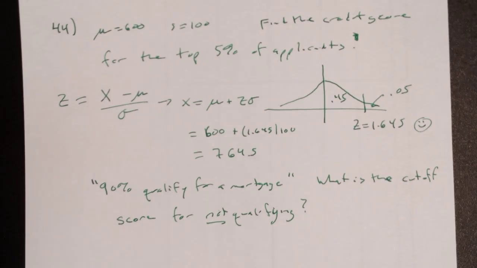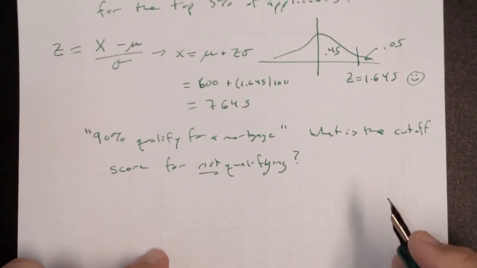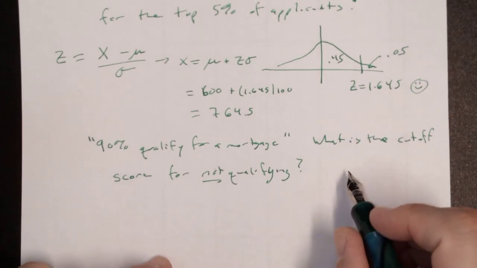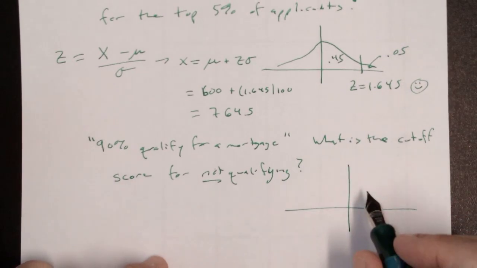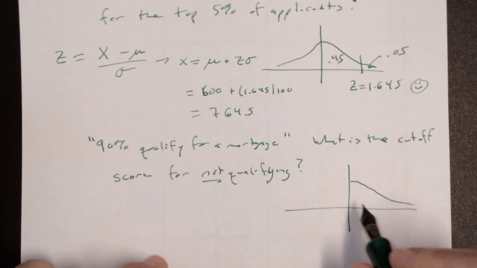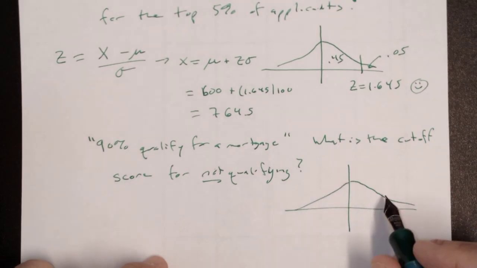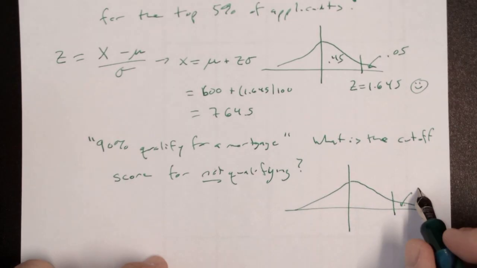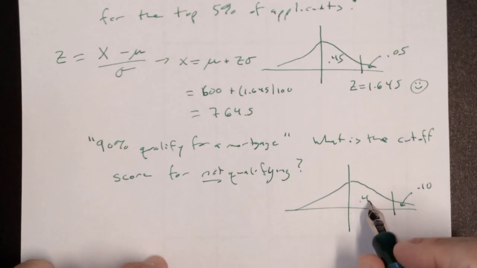Since having a high credit score is a good thing, having a low credit score is a bad thing. I'm not going to qualify if my credit score is low. Felix? Look again at C1. It's symmetric. Then I looked at the 0.4, closest to 0.4, because less than 10% are remaining.